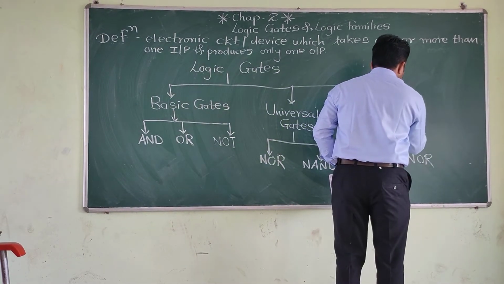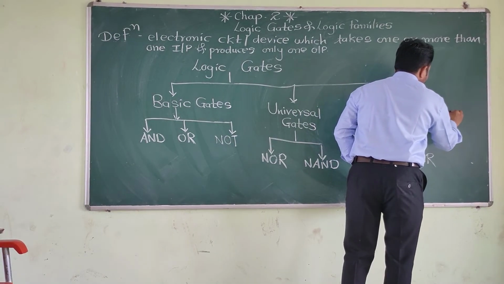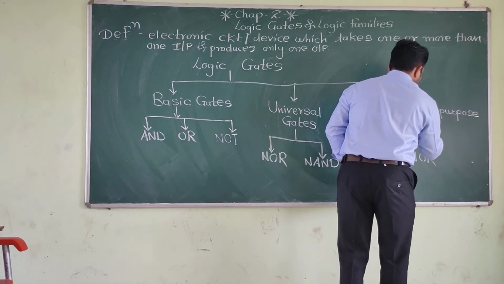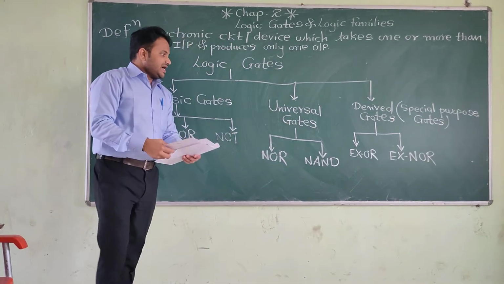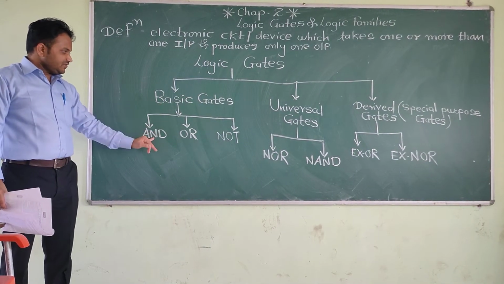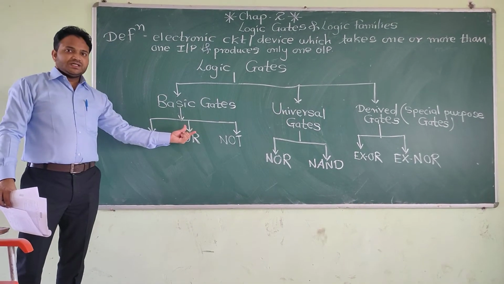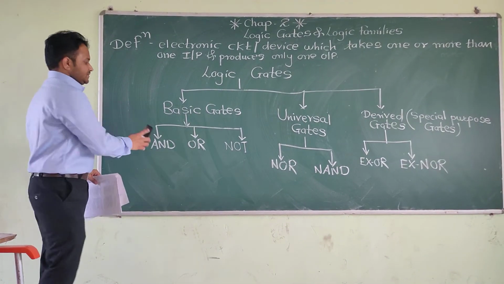These are also called special purpose gates. So these are various types of gates. Let us see first what is meant by basic gates and its related theory. So let's start with the first, that is basic gates.